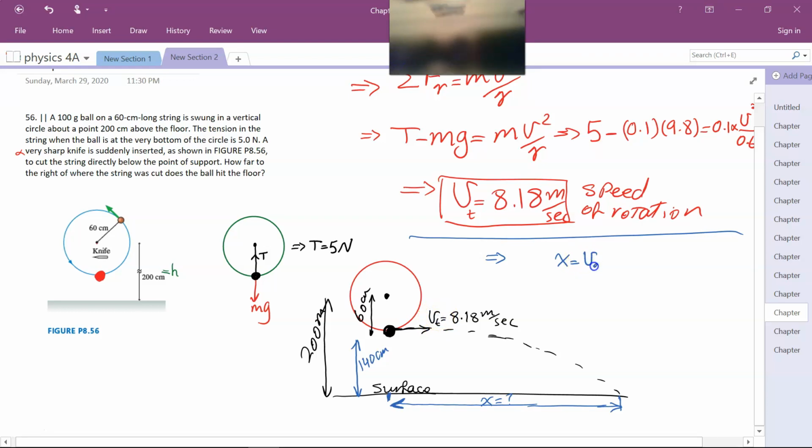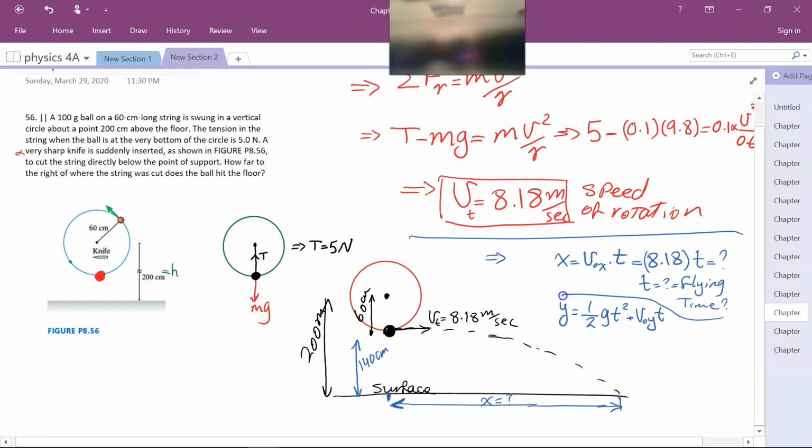X is v naught x t, correct? We have v naught x, which is 8.18. I don't have time, my time, which is flying time. What equation can I use? You know it: y equals 1/2 gt squared plus v naught y t. Correct?